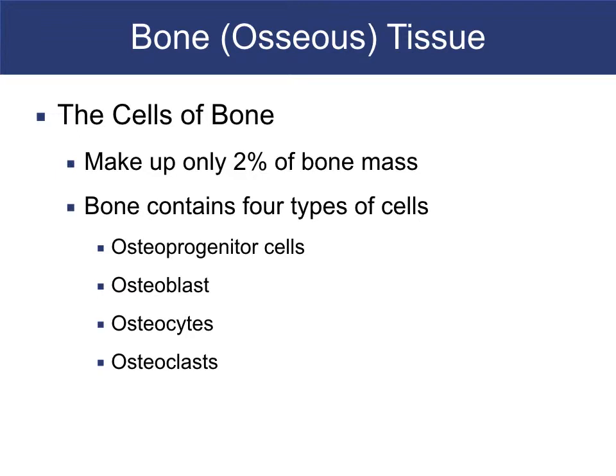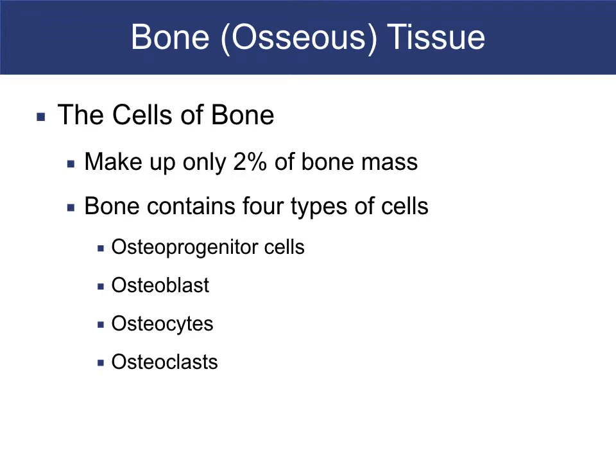They're the immature cells of all. And then if they are going to become an osteocyte, the next thing they become is an osteoblast. And whenever you see the word blast, that always means immature cell, or sort of a maturing cell. And indeed, osteoblasts form the bone.